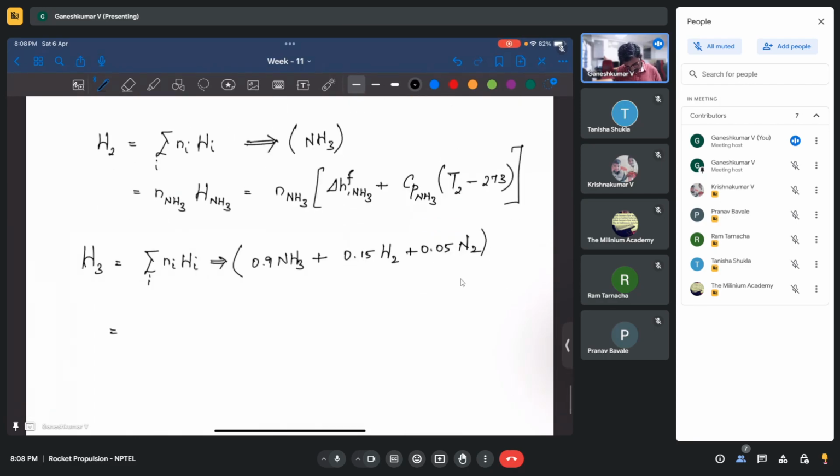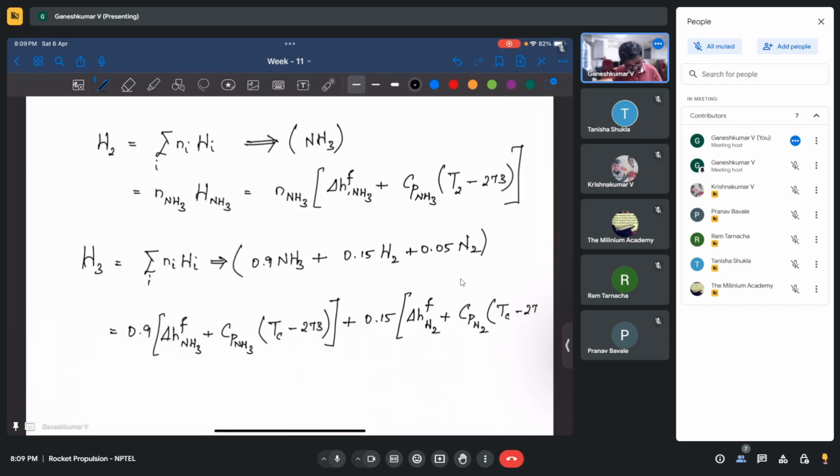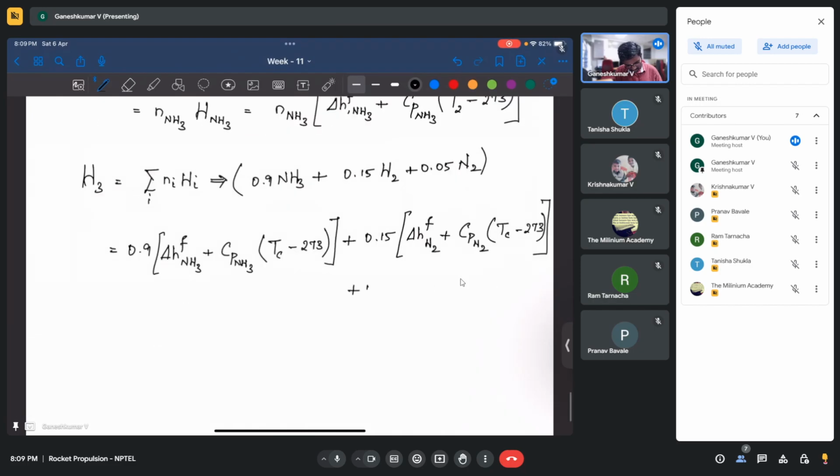Okay, so now if you want to write this, it's going to be 0.9 times delta HF of NH3 plus Cp of NH3 into T3 or T final or Tc minus 273, plus 0.15 into delta HF of H2 plus Cp of H2 into Tc minus 273, plus 0.05 delta HF of N2 plus Cp of N2 into Tc minus 273.